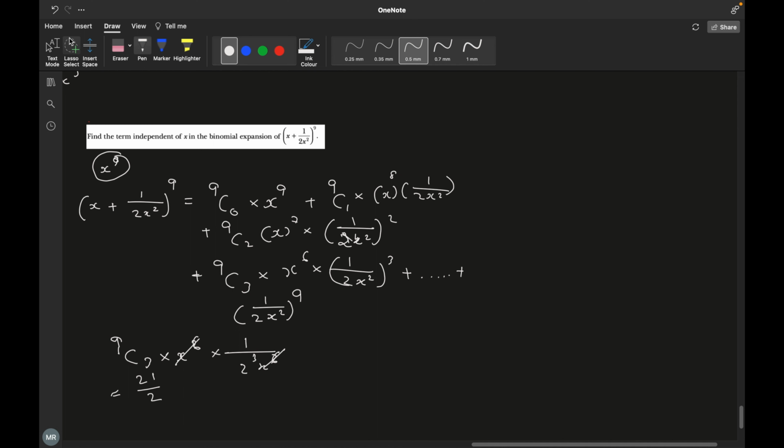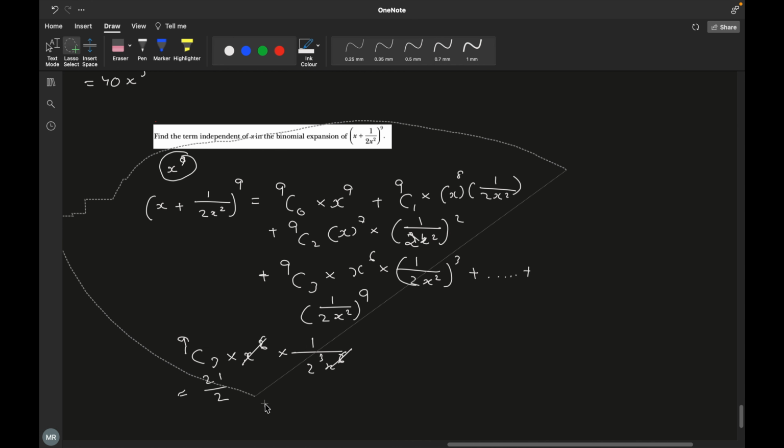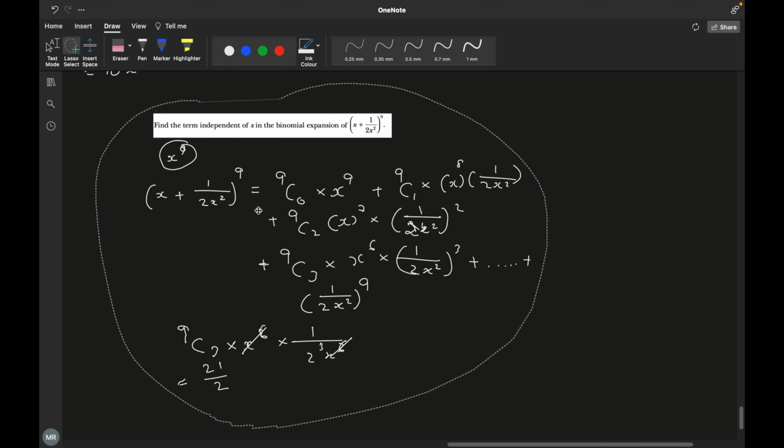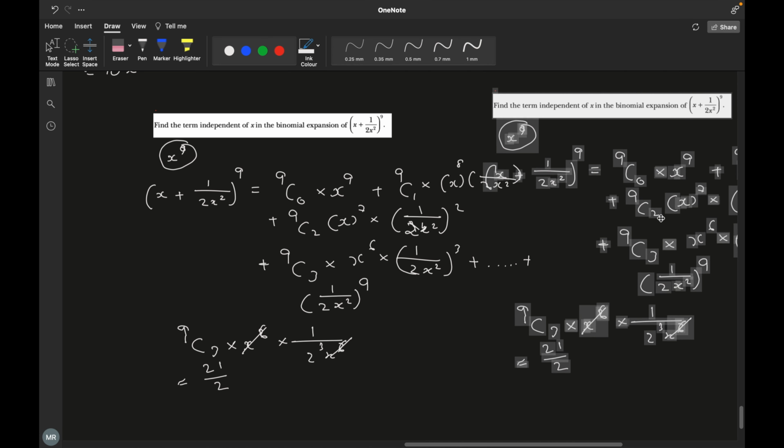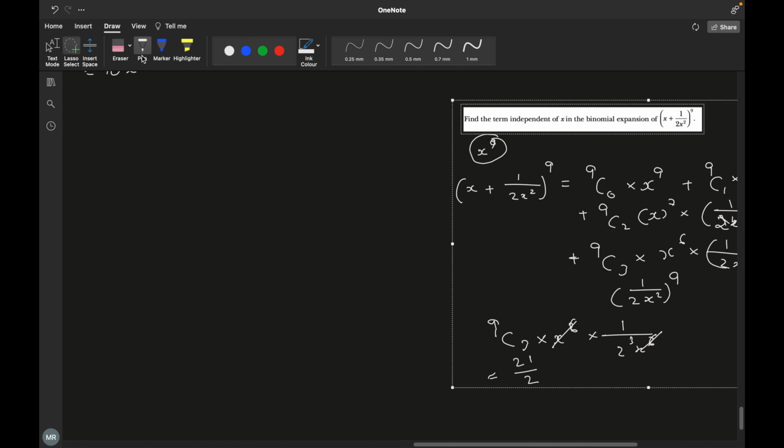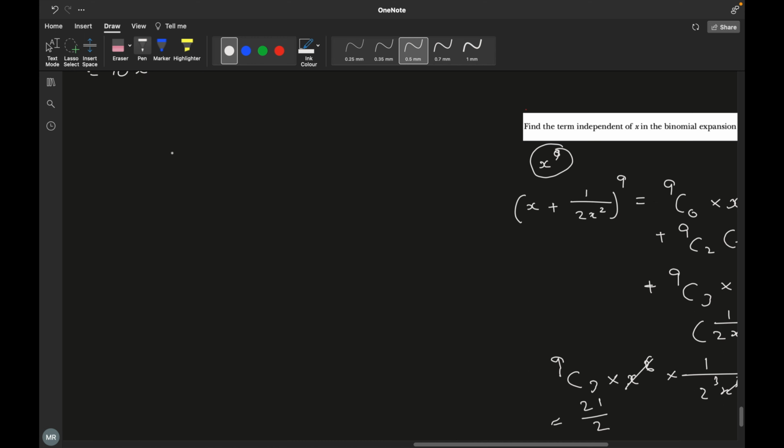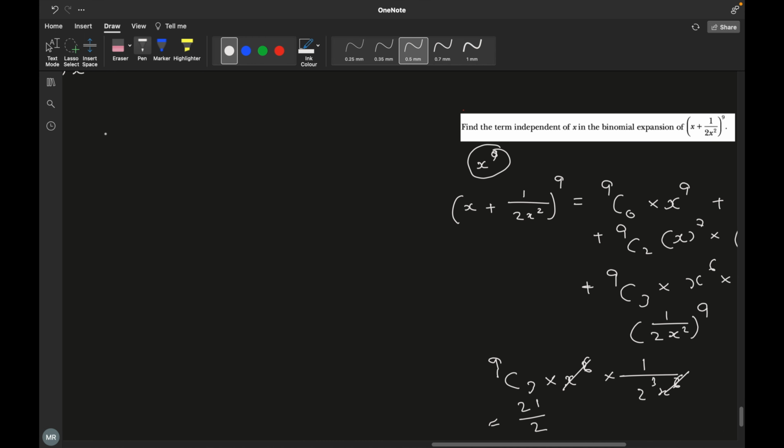So first, let me erase all of this. Actually, I'll move it that side. Okay. So what you're going to do is first we write 9CR. And this is going to be x to the power of 9 minus r multiplied by 1 divided by 2x squared to the power of r.